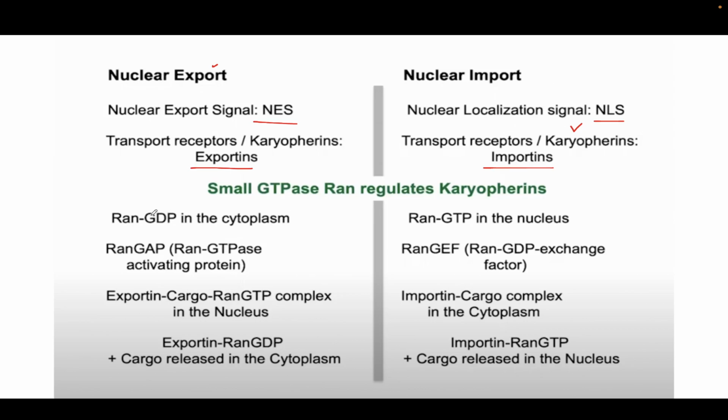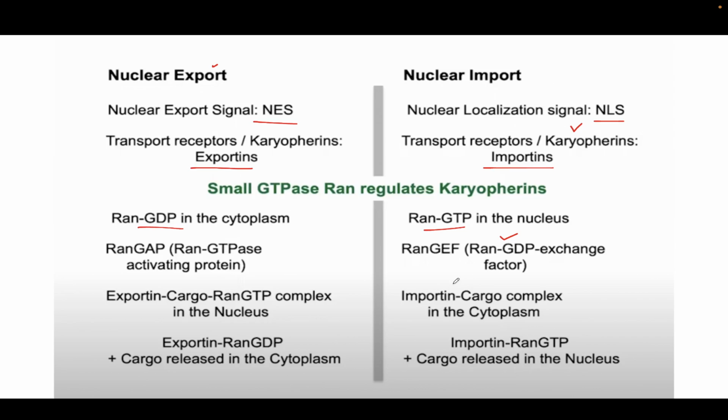So in export you will find guanosine diphosphate in the cytoplasm, and in case of import, it is GTP, guanosine triphosphate, in the nucleus. Next is RAN GAP, the RAN GTPase activating protein, for nuclear export, and RAN GEF, the guanine nucleotide exchange factor, is responsible for nuclear import.